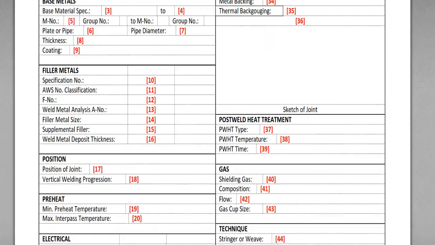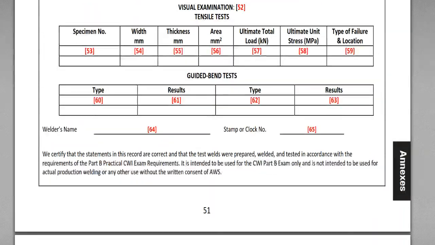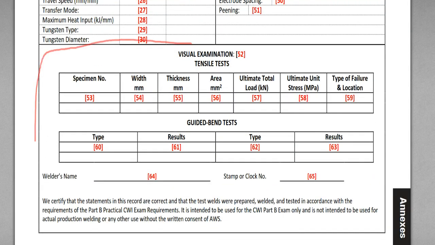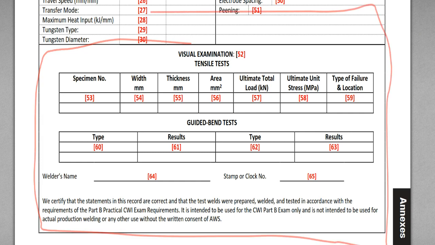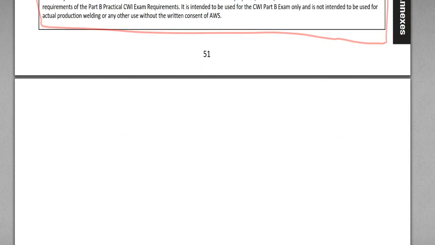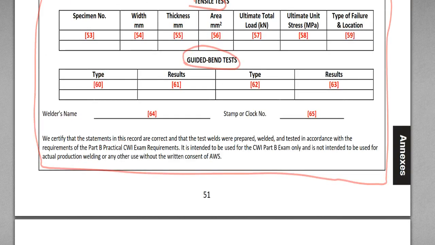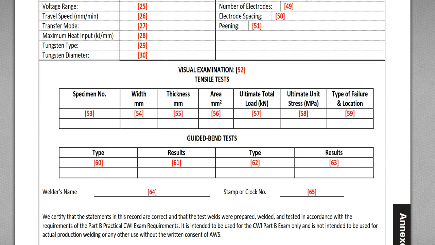In the PQR you have a section for the test: visual examination, tensile test, guided bend test, and if required, impact test and some other tests. So these are the actual test variable values, and based on the PQR, you can create the WPS.